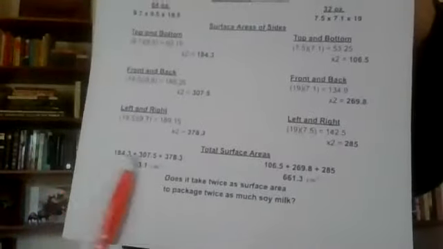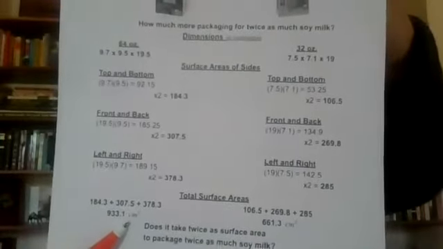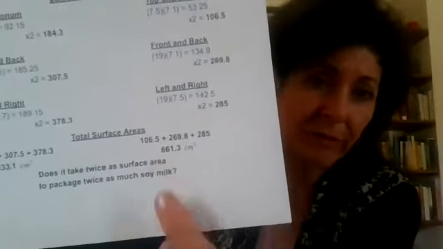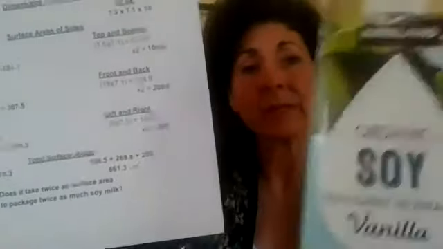Then you add it all up. So the total surface area of the larger container was 933.1 centimeters squared. The total surface area of the smaller one, and you can print this out or have it on another tab, was 661.3 centimeters squared.